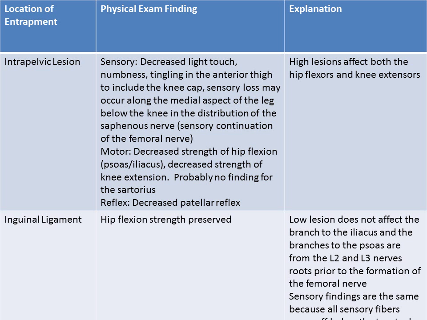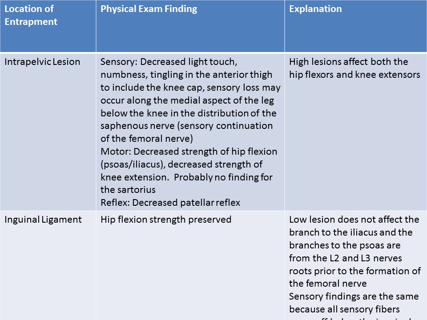So with a lesion of the femoral nerve right at the point at which the L4 nerve root combines with L2 and L3, we're going to see the function of the psoas preserved, whereas the function of the iliacus may be compromised. We may also see decreased strength of knee extension. Probably wouldn't be able to find any finding for the sartorius muscle.